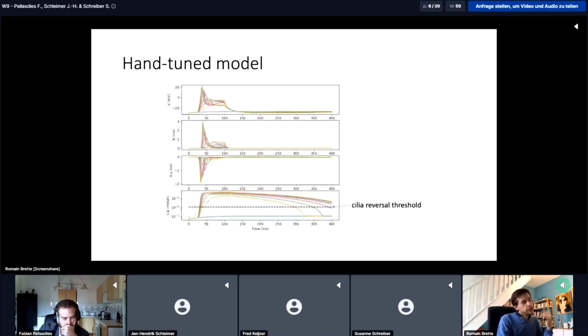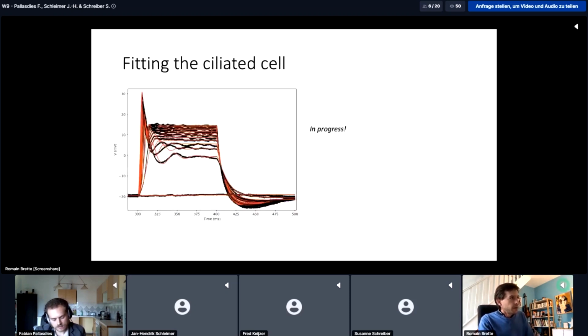What you can see is that the duration of this increase in calcium depends on the stimulus. It's graded, and that implies that the backward swimming would last longer with greater stimuli, and this is something that is known also in Paramecium. So you can get some qualitative results in this way.